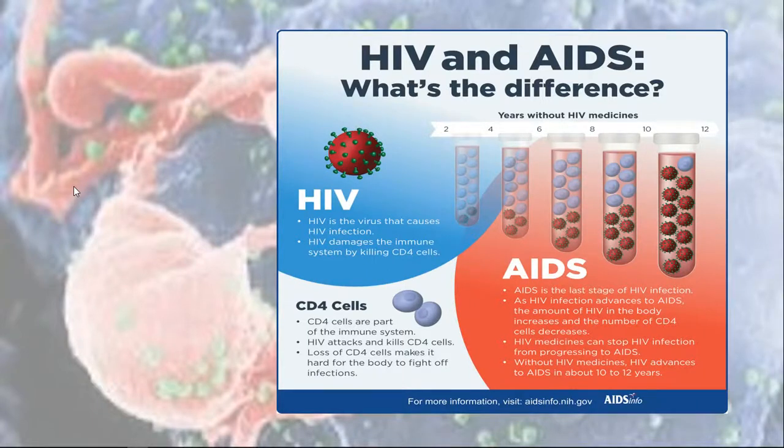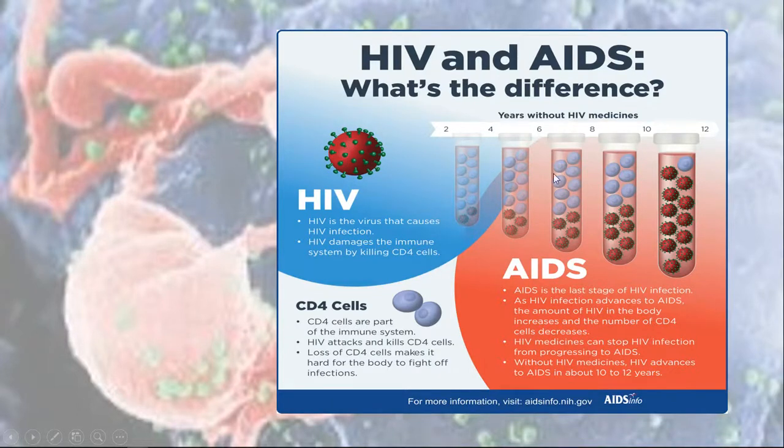Here's an infographic that gives you a visual aid on how it progresses. Once your body is attacked by the virus itself, within the first 2 years your CD4 cells are still very active, keeping the viral load down.